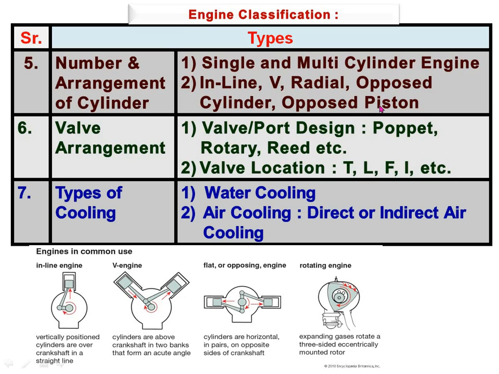These are the various types of arrangement of the cylinder and piston. Then according to valve arrangement, it may be categorized in two ways. That is valve or port design, that may be poppet or rotary or reed type. Then second is valve location, according to how and in which fashion it is located.